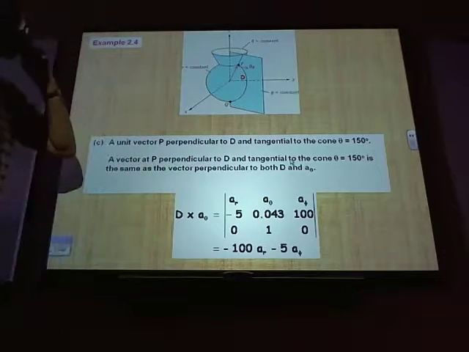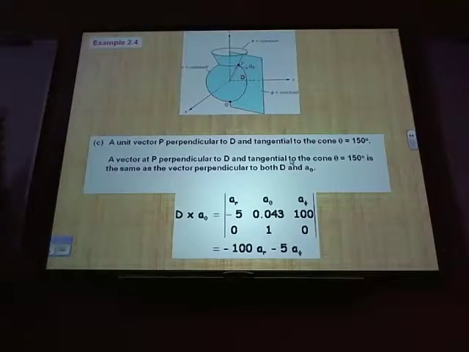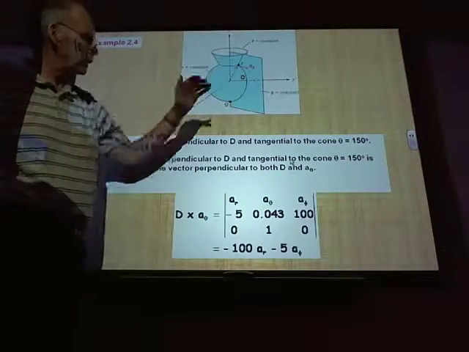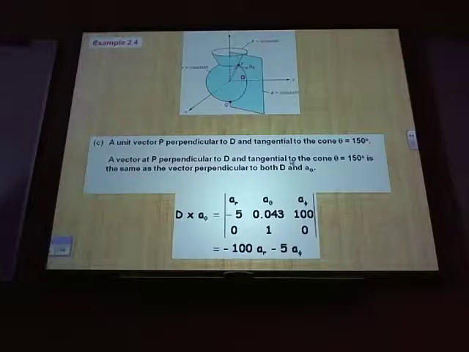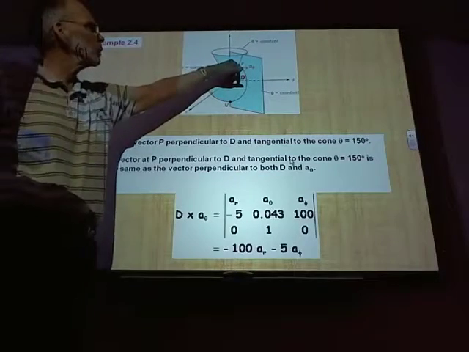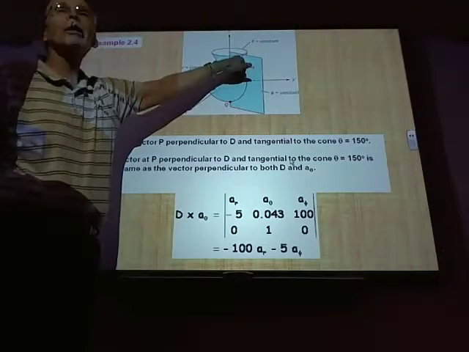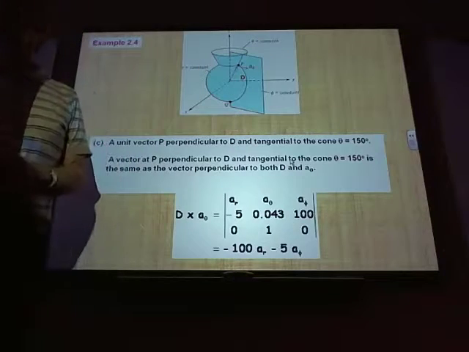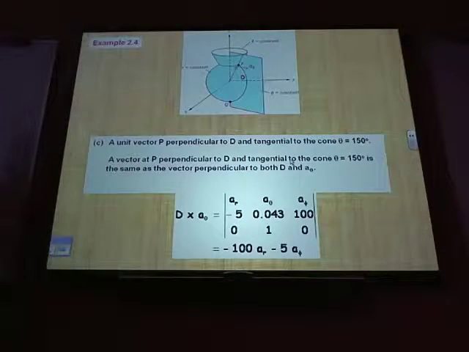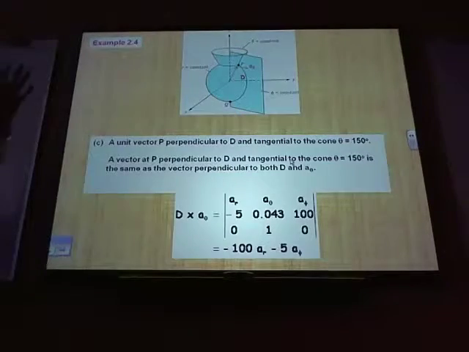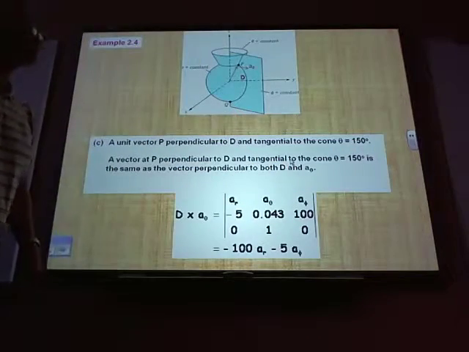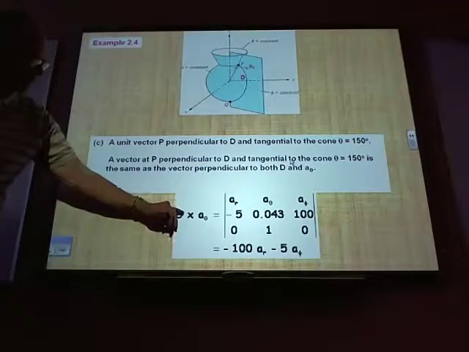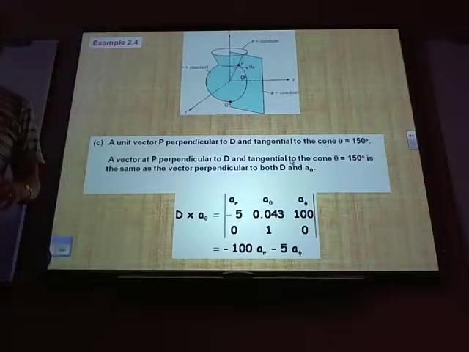All right, now look. If I want something that's perpendicular to the D vector, and I don't know what direction it's going to be in, but it's got to be perpendicular. It's got to be tangential to this cone up here. Can you tell me what the normal component of that cone is? It's a sub theta. That's the normal component, right? That's what this is right here. If I take D and I cross it with a sub theta, do you know what I'll create?